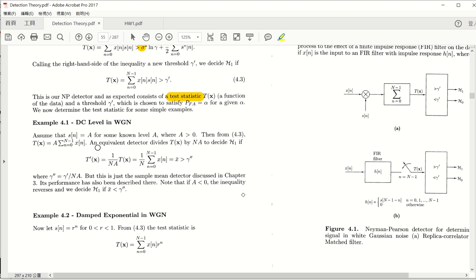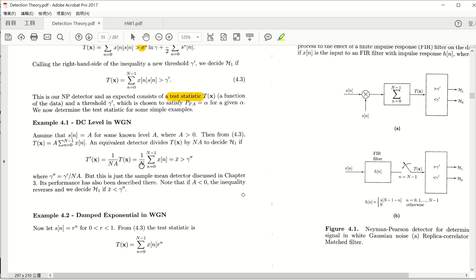Then an equivalent detector divides T of X by NA to decide H1 if T prime of X equal to 1 over NA T of X. That will be 1 over N because this A cancels this A, okay?